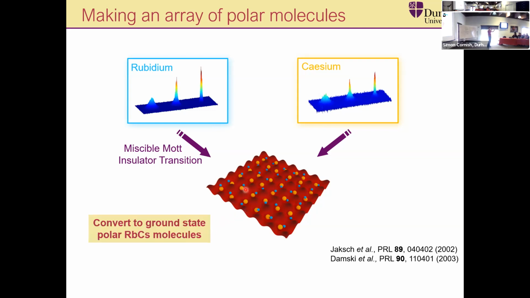And then, bam, convert them to molecules. They were a bit hazy on how to do that, but it's theory. It just sounded great. And then you turn down the lattice, and lo and behold, we've got a molecular BEC, a dipolar superfluid.